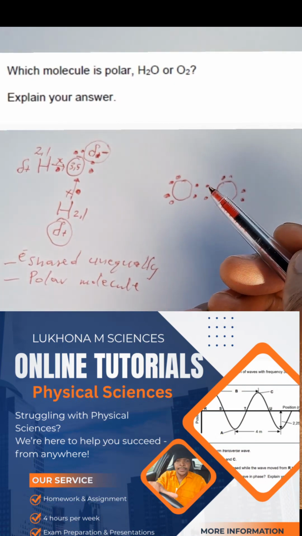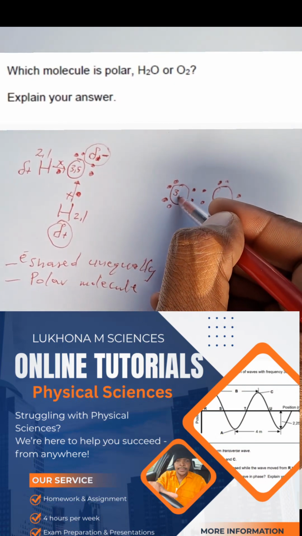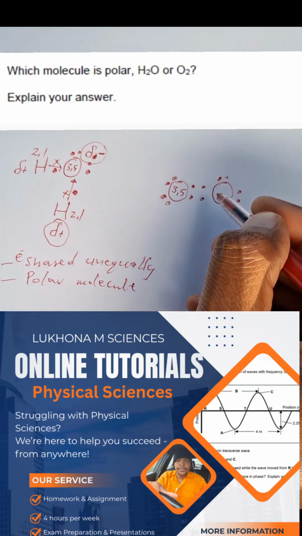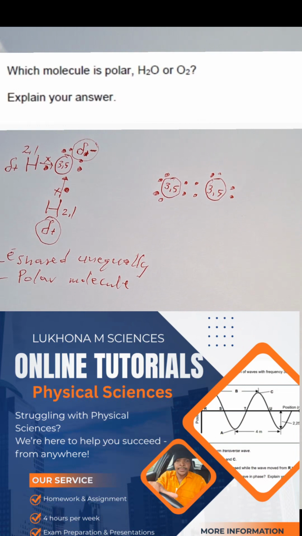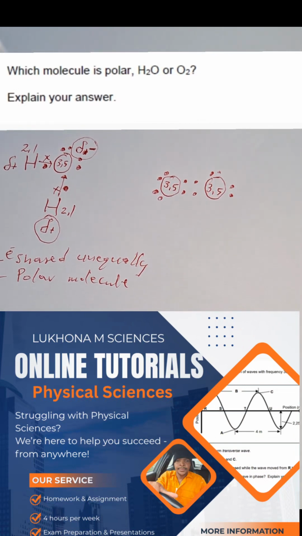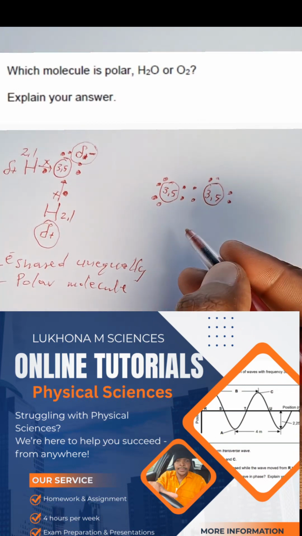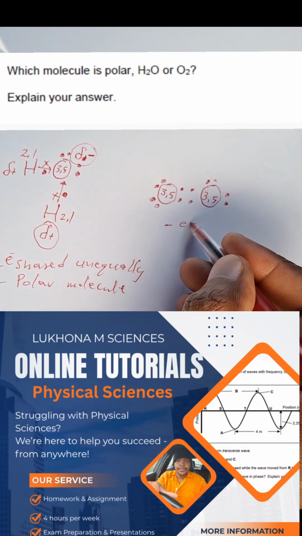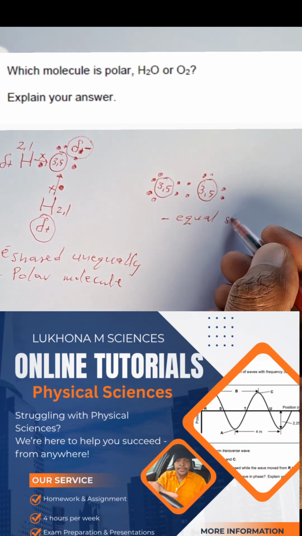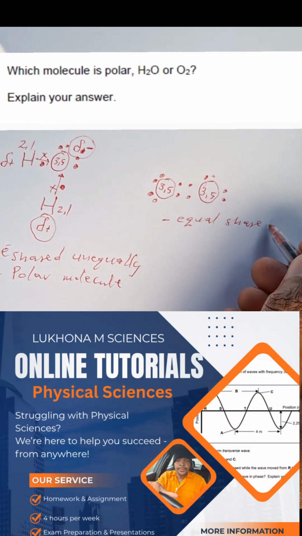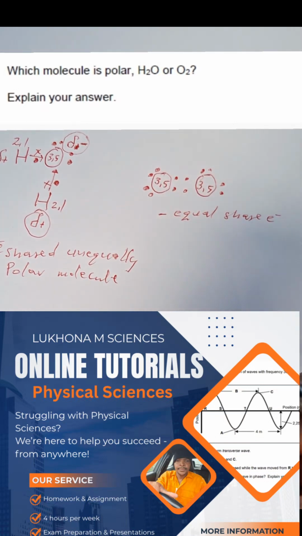Let's look at this one. This one also has 3,5 for oxygen. And this oxygen also has 3,5. Which one will the bonding electrons remain with? None, they remain equally, which means equal share of electrons. They share electrons equally.